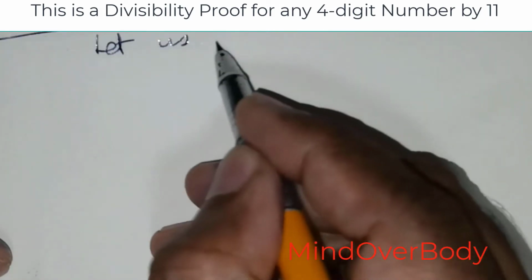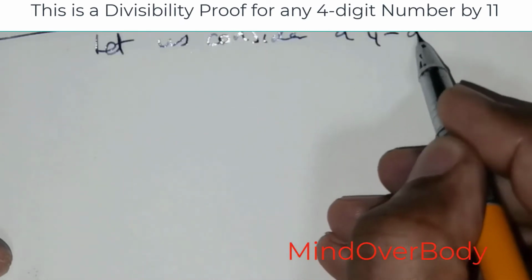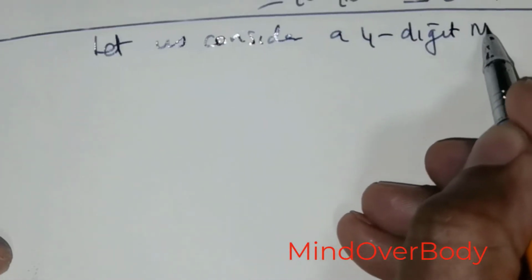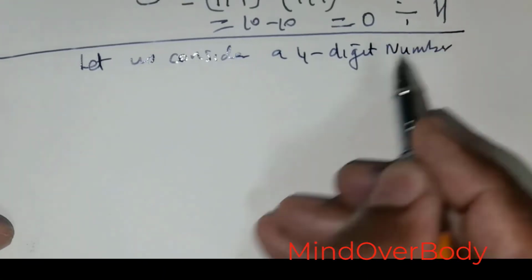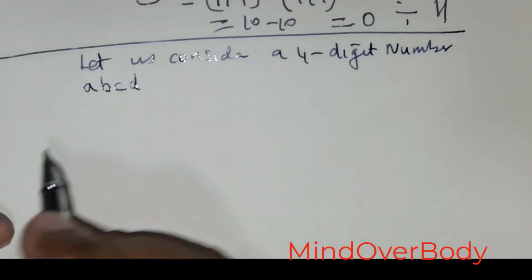Let us consider a 4-digit number, and I'm going to take it as ABCD.